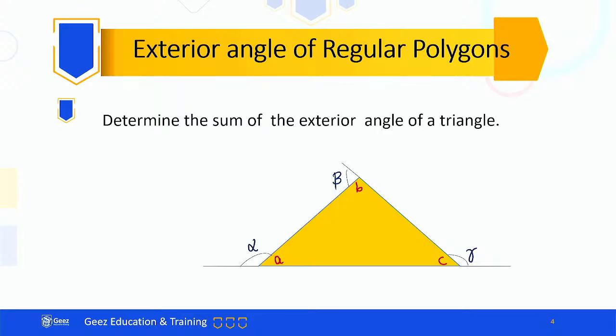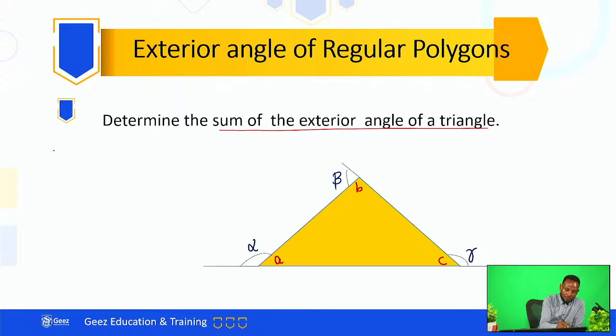Our objective is to know the sum of the exterior angles of a triangle. That means what's required is to know the sum of alpha plus beta plus gamma.